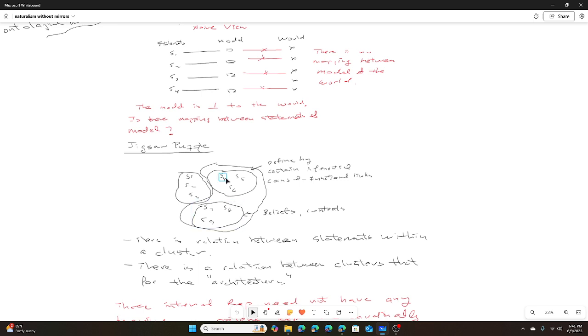So you have statements within clusters, and you can have relationships between clusters, like an architecture. There is a relationship between statements within a cluster, and a relationship between clusters that are part of a larger cluster, and you can define that to be some sort of architecture.